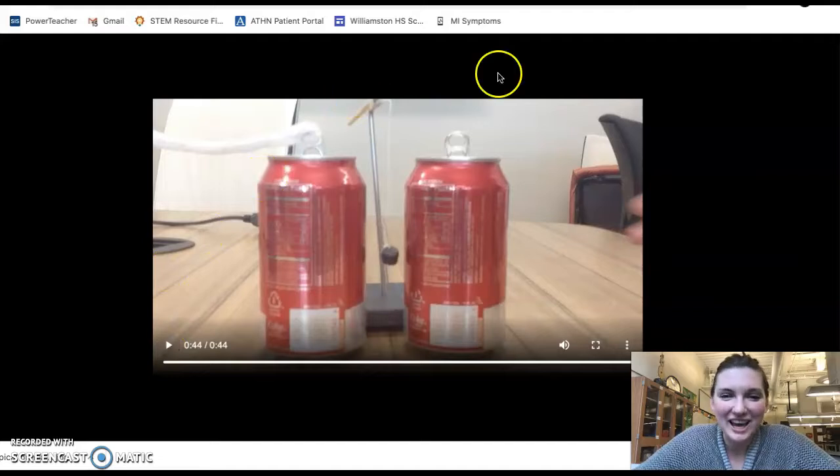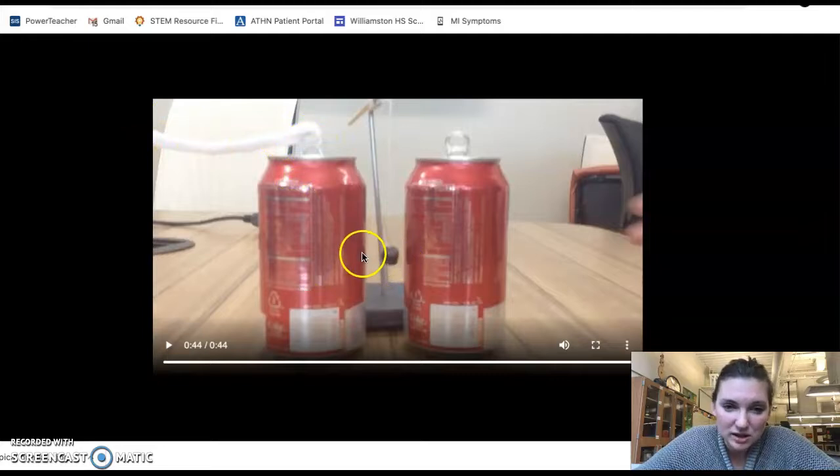Okay, so why did that happen? We have this charge that's coming from the Van de Graaff machine. It's charging up this can with the same charge. That positive charge is spreading out to the can. So a charged object attracts a neutral object. The ball comes over here, gets the charge from the can, and then it's repelled, because we have two like charges together.